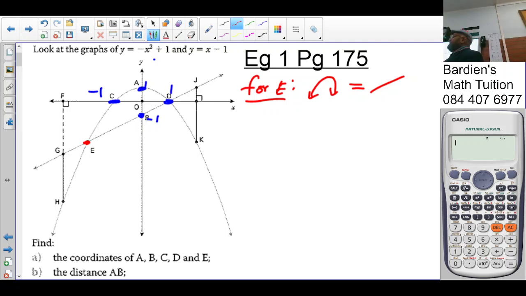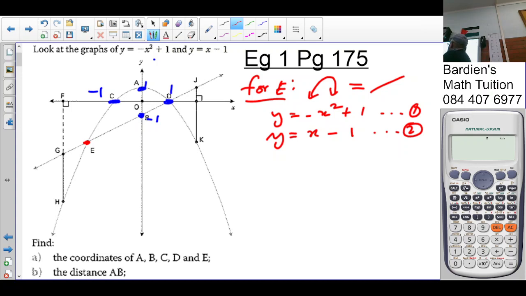Can you see that, people? You have y equals negative x squared plus 1 and you have y is equal to x minus 1. If this is equation 1 and equation 2, what would we do? We substitute equation 1, which is negative x squared plus 1, into equation 2. Not so?